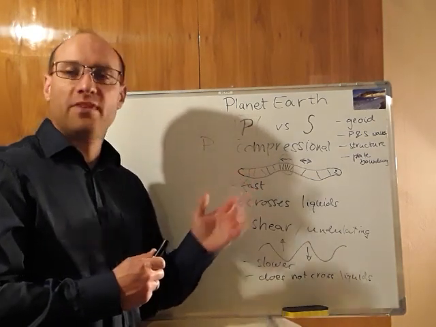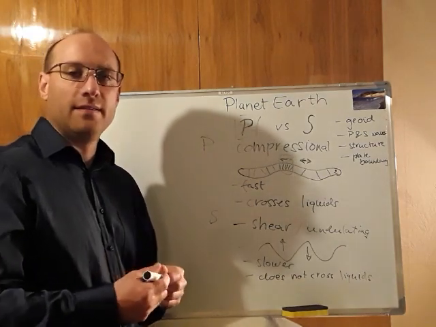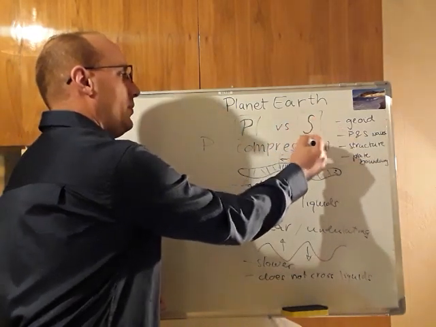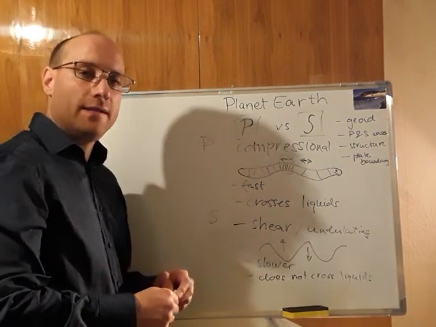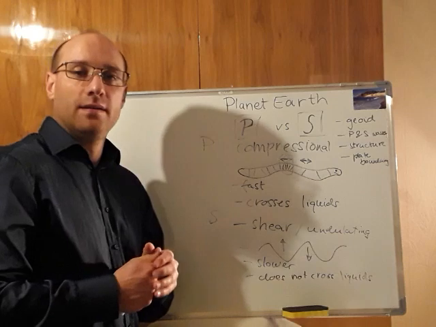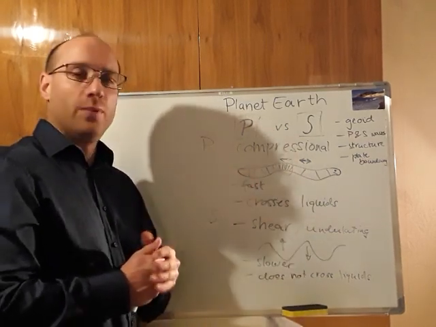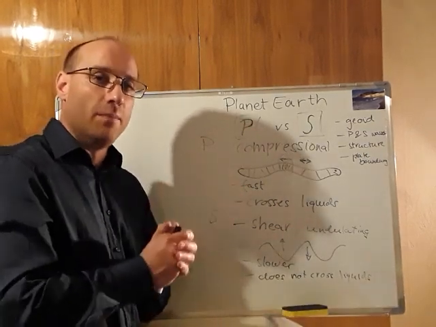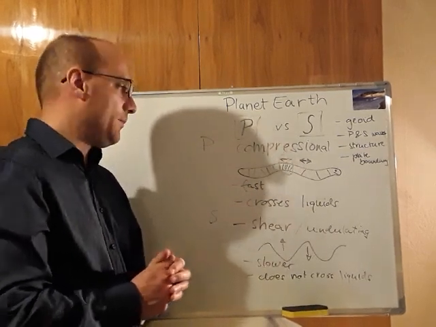And one more, perhaps even more practical use of P and S waves is that we will see, with the help of these different speeds of movement, where exactly the epicenter and probably the focus point of the earthquake is. So where did the earthquake come from? These different waves help us know that.